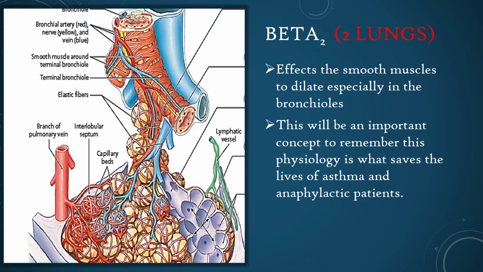Beta 2, the lungs, affects the smooth muscles to dilate, especially in the bronchioles. So beta 2 is the physiology that saves lives in asthma.